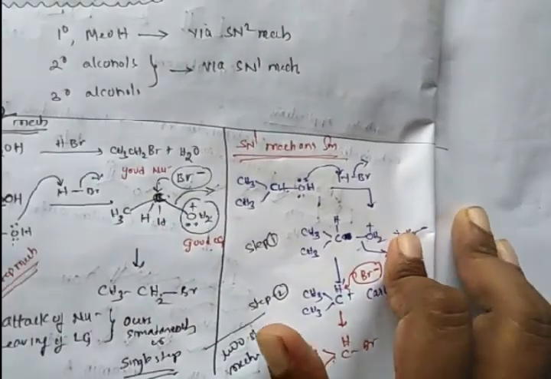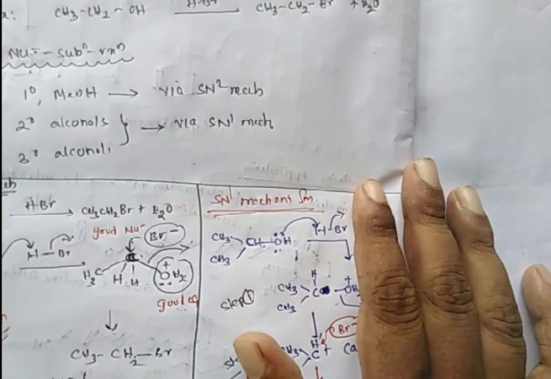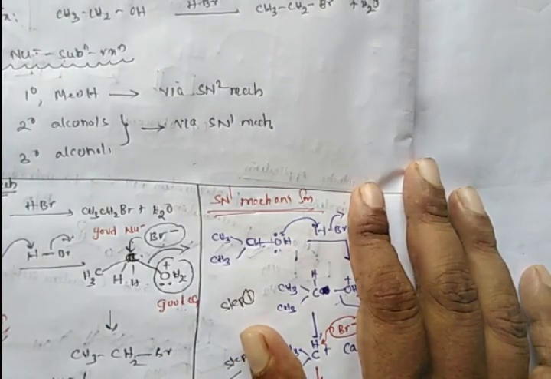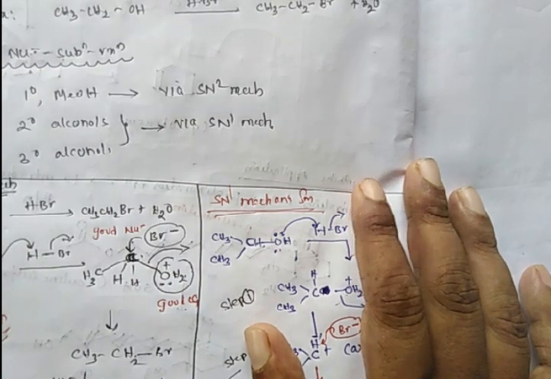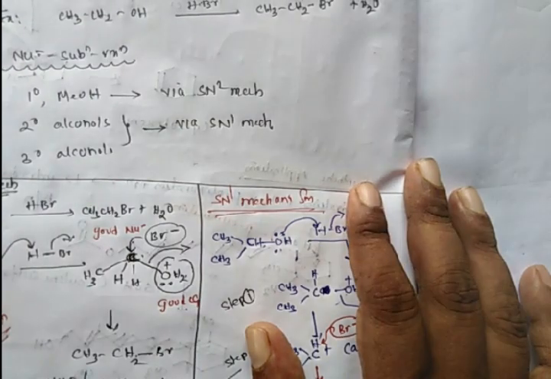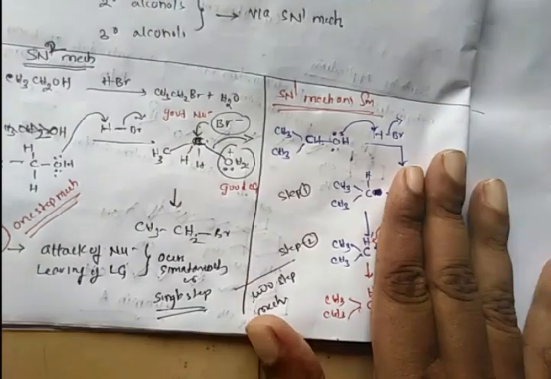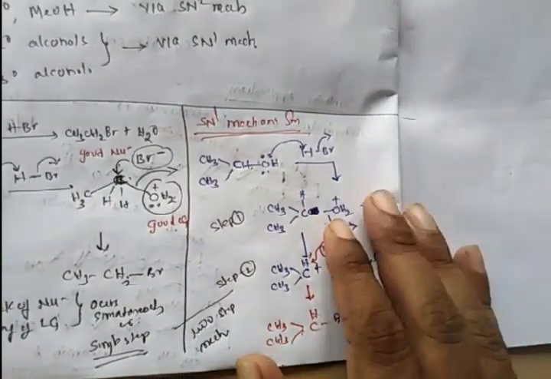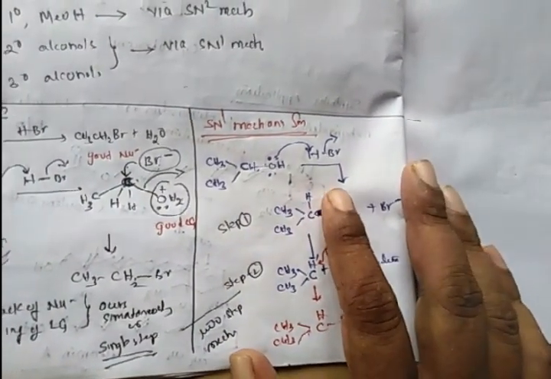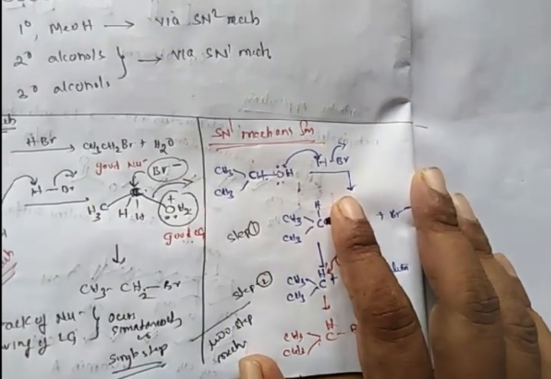If the alcohol is a primary alcohol or methanol, it undergoes nucleophilic substitution via the SN2 mechanism. Secondary and tertiary alcohols undergo it via the SN1 mechanism. So SN2 is a one-step mechanism, and SN1 is a two-step mechanism. This is about nucleophilic substitution reaction with alkyl halides.